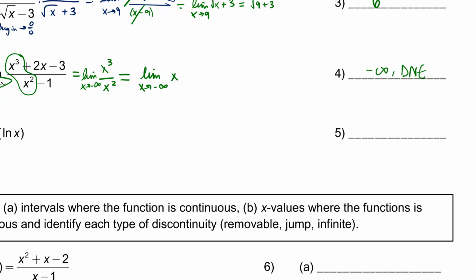So if it was x to the fourth over x squared, then it would be infinity? Yep, because the negative times negative is positive. Because if you think about it, what does x cubed look like? Look at the end behavior. X to the fourth, they both face the same way. That's why.